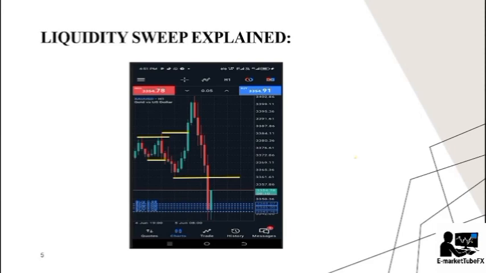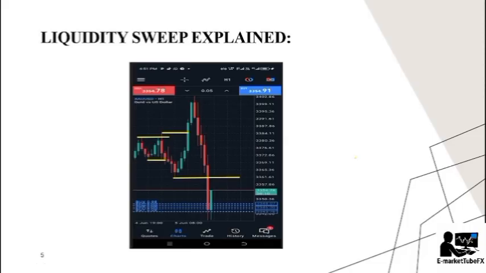So all that I want you to understand is that at any given point in time that these market makers sweep liquidity, price reverses. So over here, after these market makers clear the liquidity at the buy side, we have a bearish confirmation which confirms that the market is coming down, and look at it.